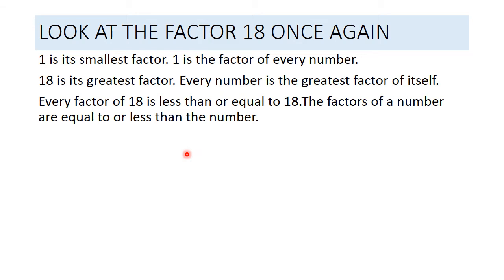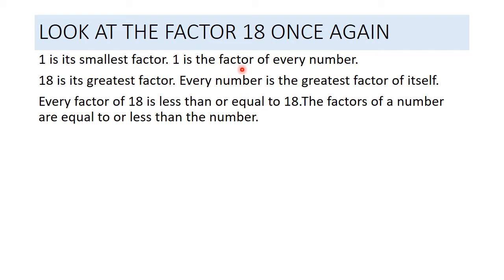Now there are some important things which you have to remember about the factors of any given number. Let's begin with the very important thing: 1 is its smallest factor. If I ask you what is the smallest factor of 18, 1 is the smallest factor of 18, and 1 is the factor of every number, right?